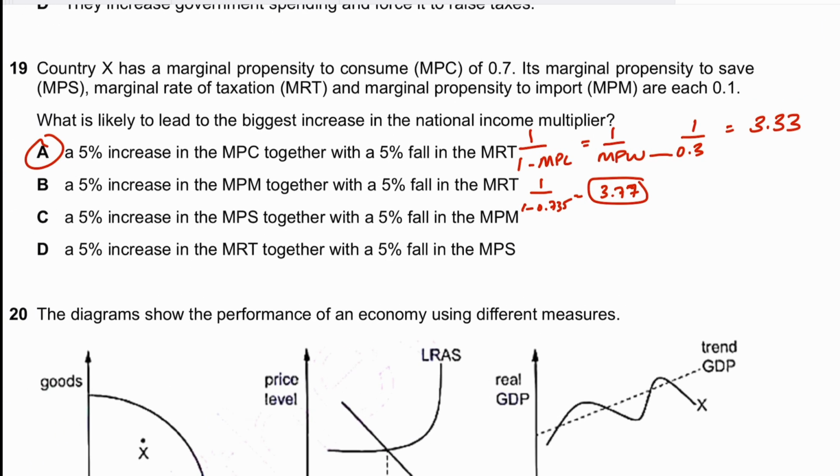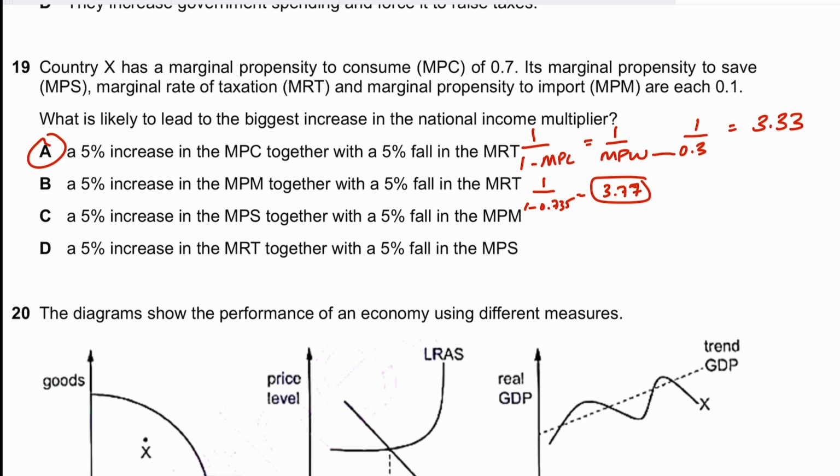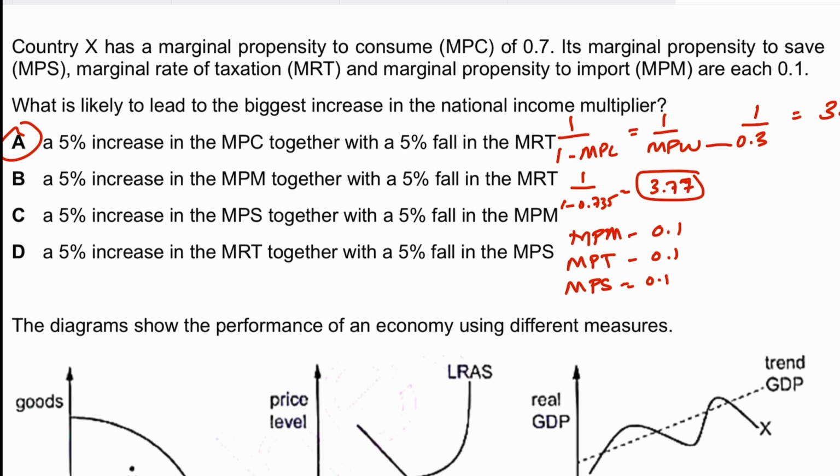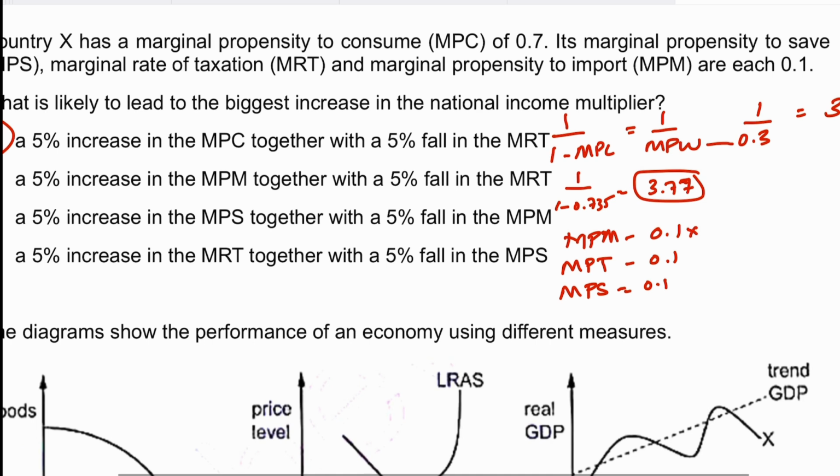And so if you look at option B, right now my MPW, that is my MPM, which is 0.1, my marginal propensity to tax is also 0.1, and my marginal propensity to save is also 0.1, sum up to 0.3, that is MPW. And hence they are saying that a 5% increase in MPM, so the new MPM should be 0.1 into 1.05, and that would give me how much? 0.105, right?